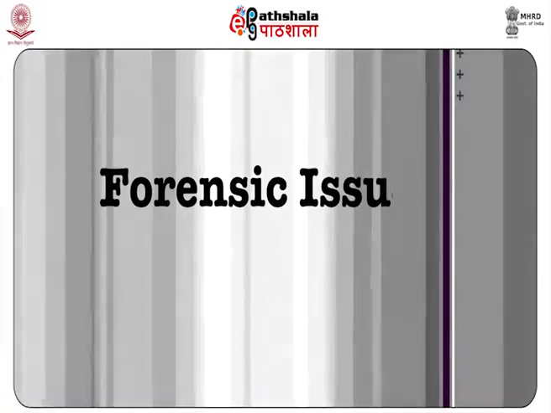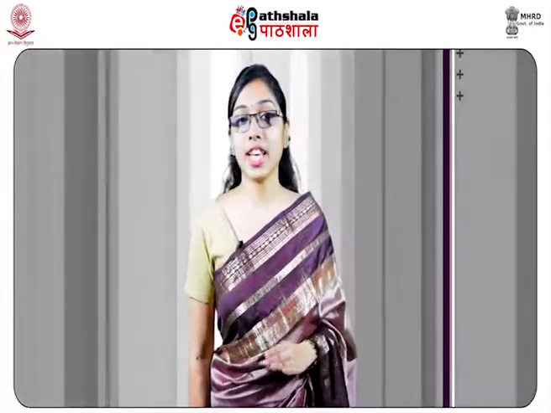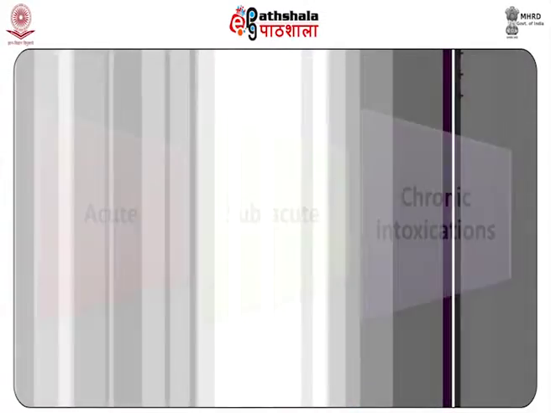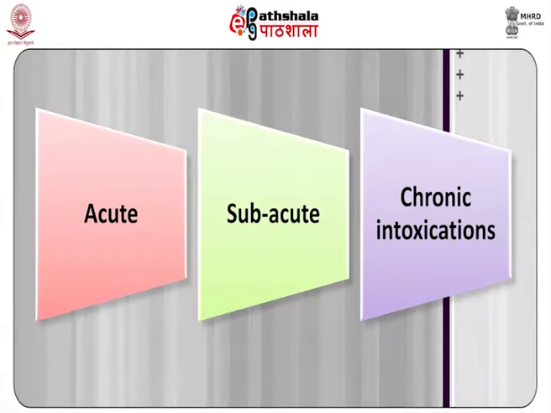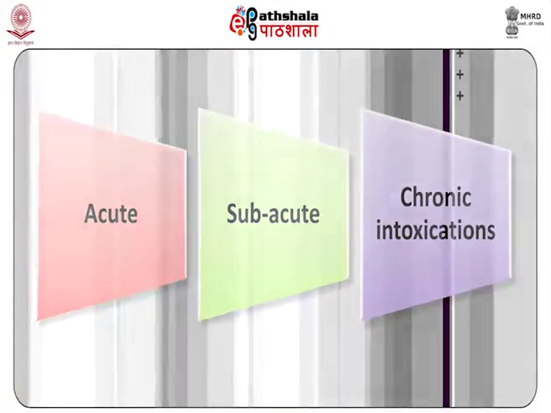Next students, we will study about the forensic issues. The causes for toxic exposure are as extensive and diverse, from recreational use to abuse of medication, to accidental home or occupational exposure, deliberate self-harm and environmental pollution. The clinical range of poisoning therefore consists of acute, subacute and chronic intoxication also.